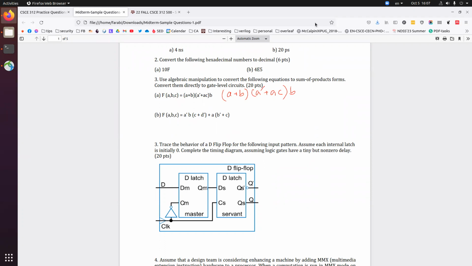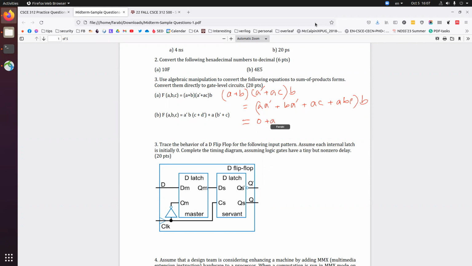So let's do this. If I expand it, there would be A', and then B A', and then AC plus ABC, and so on. A' A is 0 because a variable and its complement together give 0, and 0 and whatever is 0.